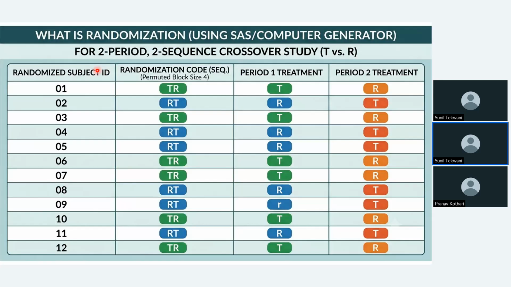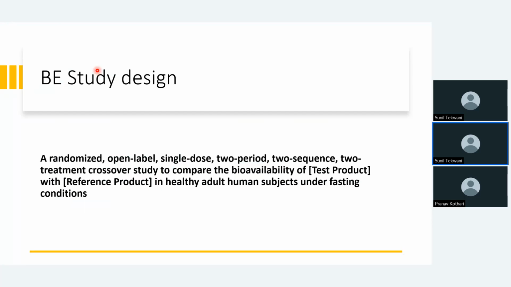So now let's go back to this design of BE studies. I hope now it is clear what is a randomized, open label, single dose, 2 period, 2 sequence, 2 treatment, crossover study to compare the bioavailability.